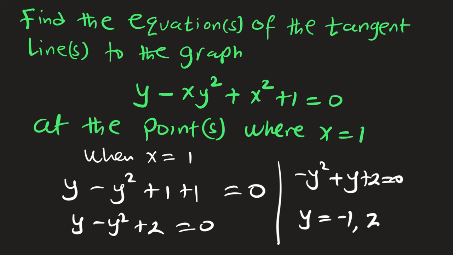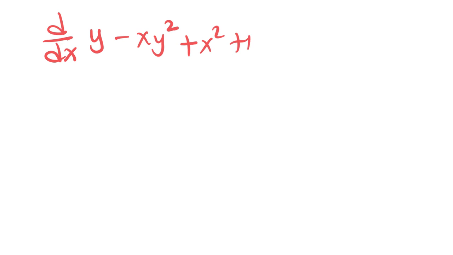Okay, next step, we take the derivative of this implicit function with respect to x. You have d by dx of y minus xy squared, plus x squared, then plus 1 equal to 0.